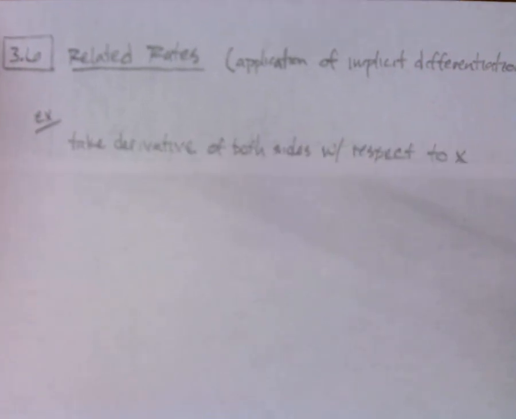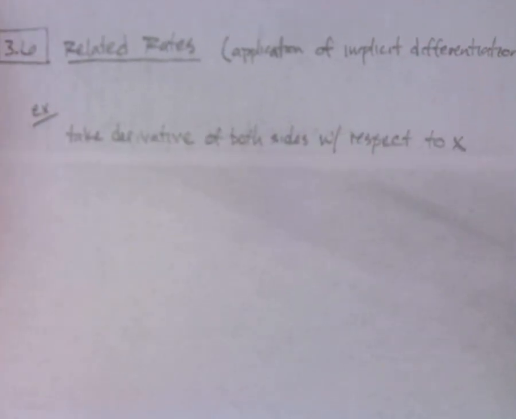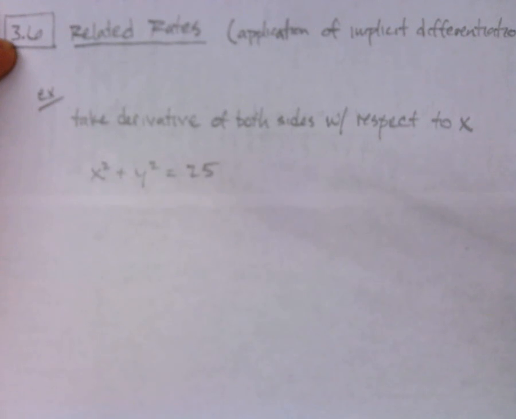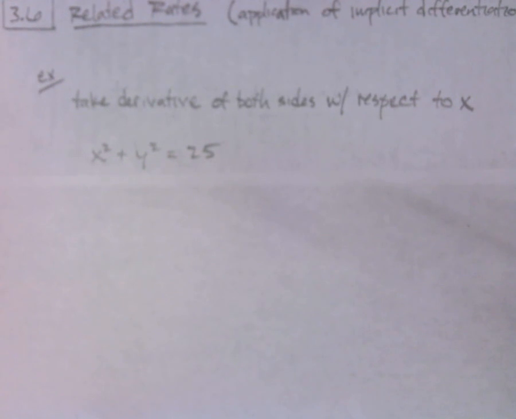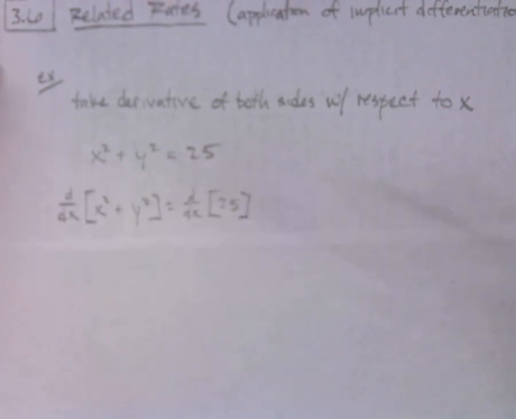First, a quick recap of implicit differentiation. Take the derivative of both sides with respect to x. When we started that conversation, we began with this: x squared plus y squared equals 25. I said, okay, if we try and take the derivative of both sides of this implicit equation, then I might write something like d over dx of the left side, d over dx of the right side. And then when I take those derivatives, here's how it would play out.